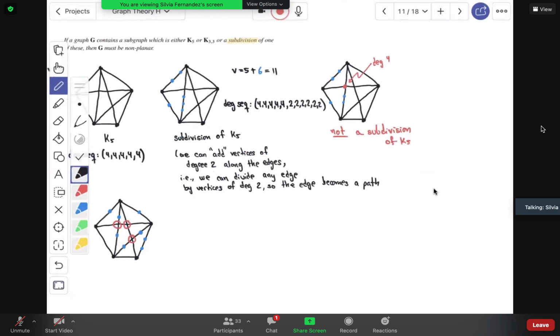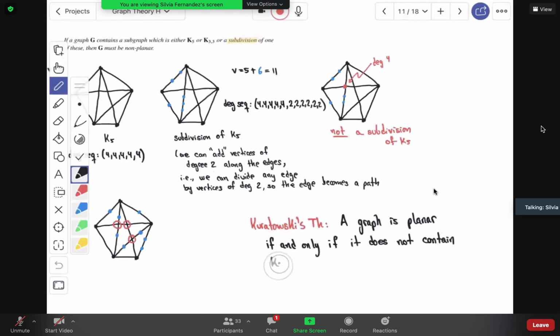So Kuratowski's theorem says that a graph is planar if and only if it does not contain K5, K33, or a subdivision of these graphs as subgraphs.